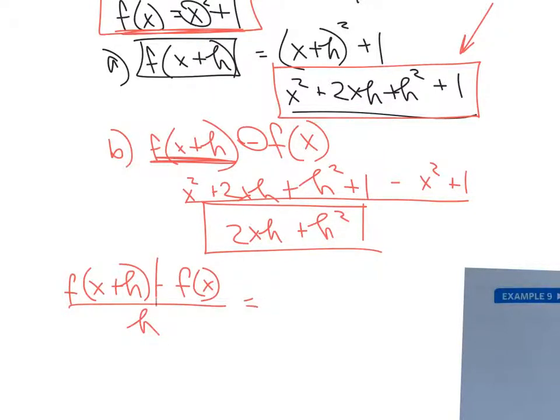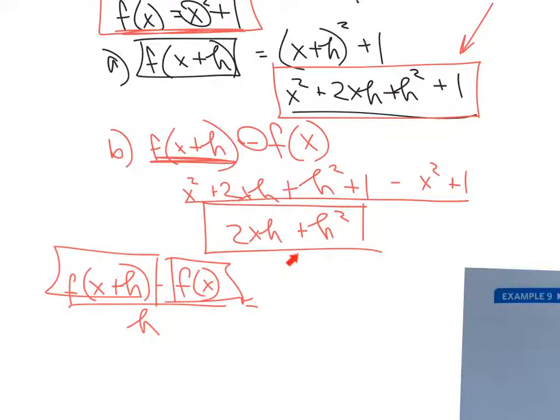So what do we know? f of x plus h minus f of x is going to be this, because this is f of x plus h, this minus f of x.